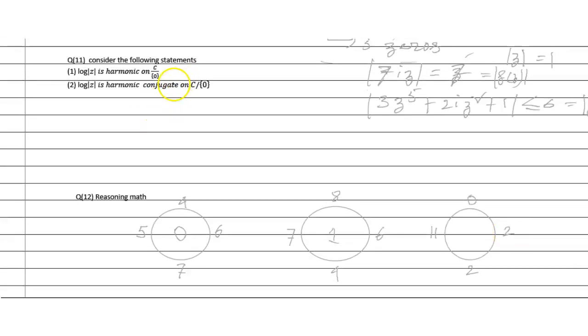Another question is: consider the following statements. Log mod z is harmonic on C minus 0. Log of mod z is harmonic conjugate on C minus 0.